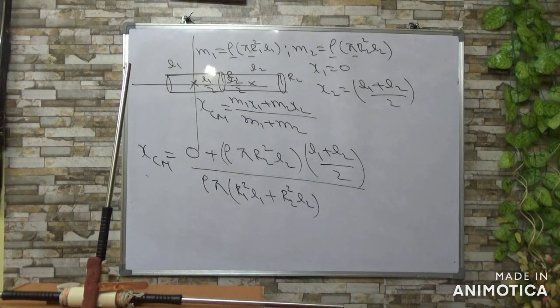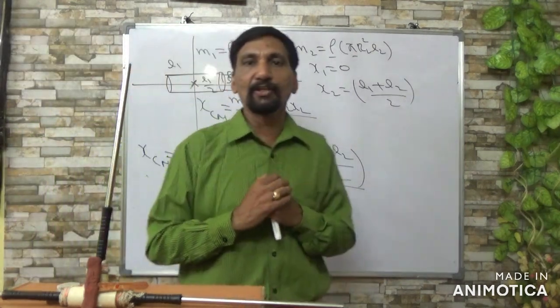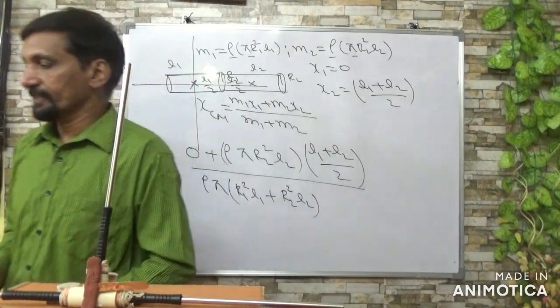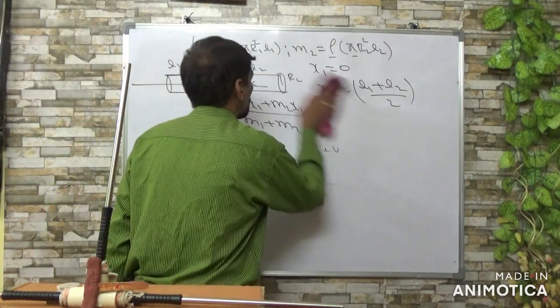So how to find the coordinates of center of mass when some blocks of masses are arranged in the form of letters? That is also very simple.